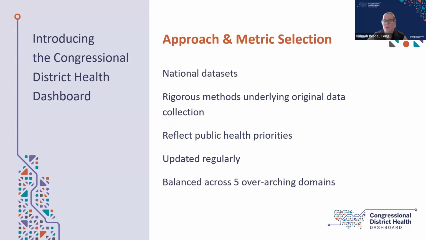Our team of experts vets our data sources and makes sure that they are validated, that they make sense, that they represent what we're trying to share. Our measures also reflect public health priorities. They're updated regularly. We do annual updates for all of our measures, and for Medicaid enrollment, we've been updating twice a year. And then finally, the measures are balanced over 5 overarching domains.